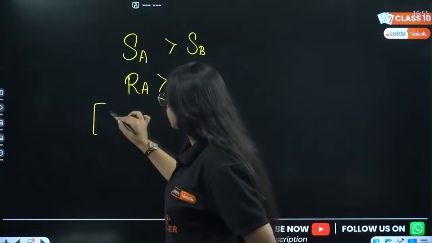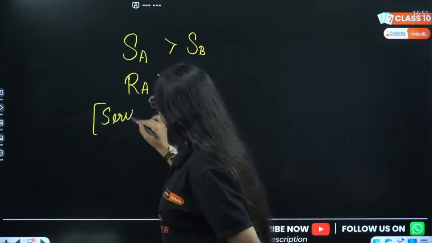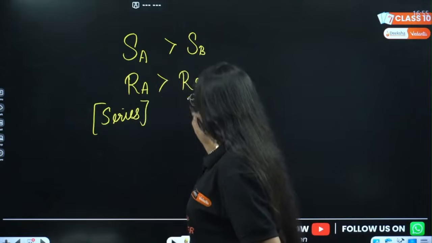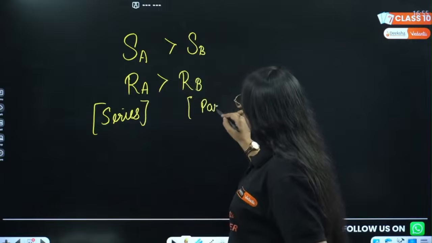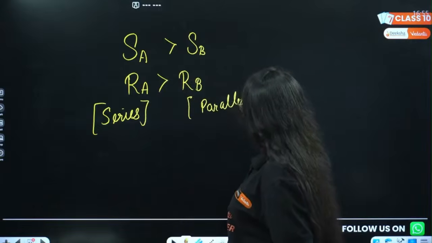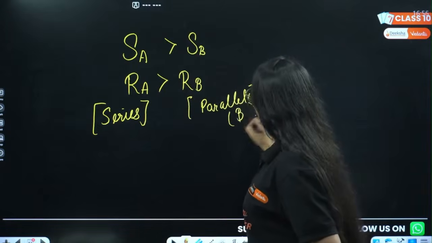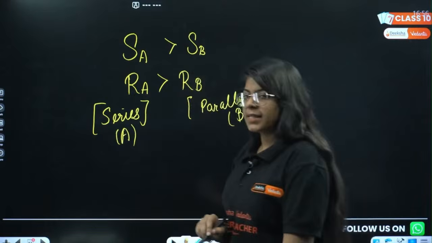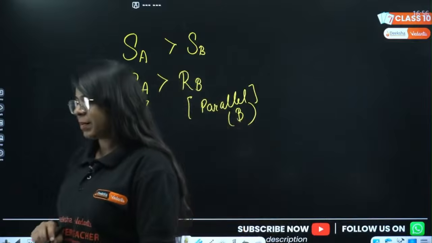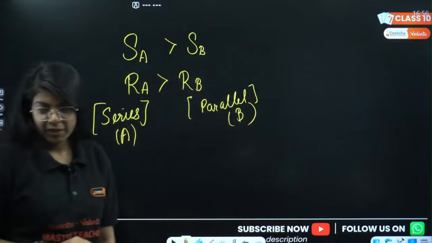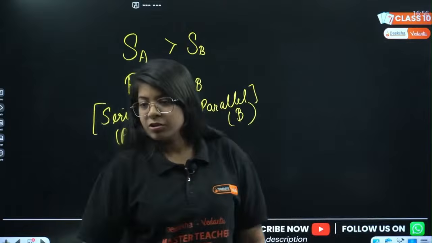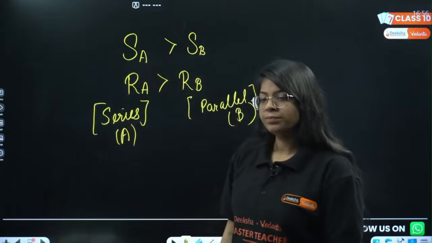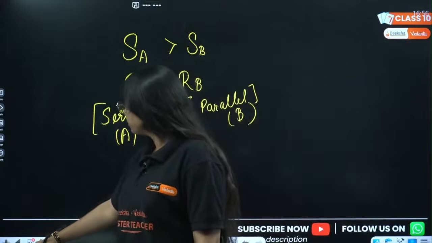So A is the series combination and B is the parallel combination. Very good. Chalo, next question.